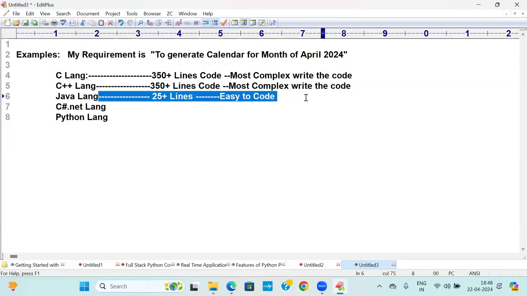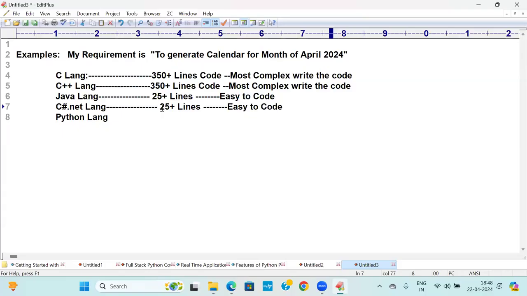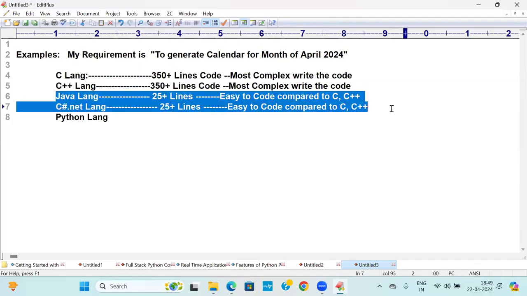Almost in C#.NET also you are having 25 lines of code. It is easy to code compared to C and C++. Very good. People are attracted toward Java.